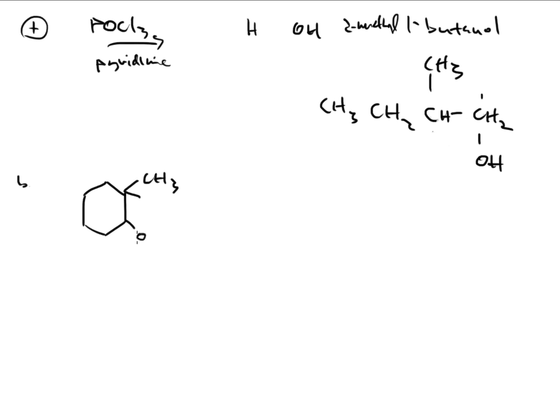If I put the OH group down here, this carbon would look at the carbon to the left and the carbon up above, and it would say, which one is going to give me a better, more stable alkene? The same thing's going to happen up here at the top.